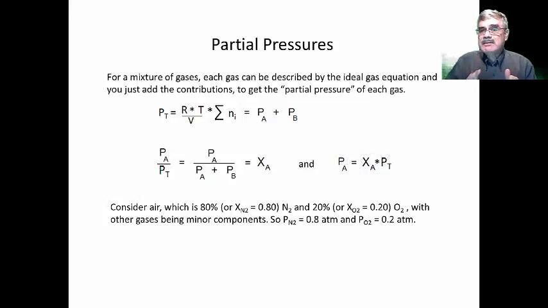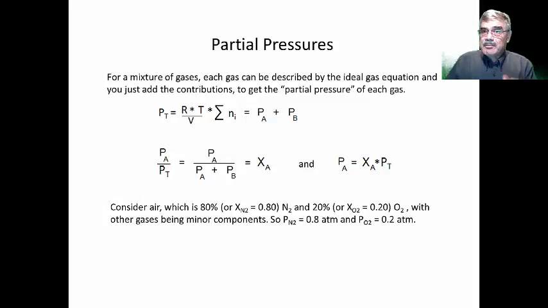Now, this seems like I'm throwing a lot of equations at you, but if you go back and think about air, what is the mole fraction of nitrogen in air? We said it's 80% nitrogen. That means the mole fraction is 0.8. 0.8 times the total atmospheric pressure would then be the partial pressure of nitrogen. I'll say 0.8 times 1 atmosphere.